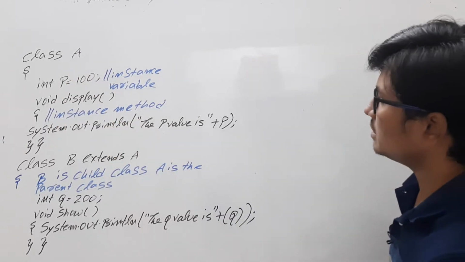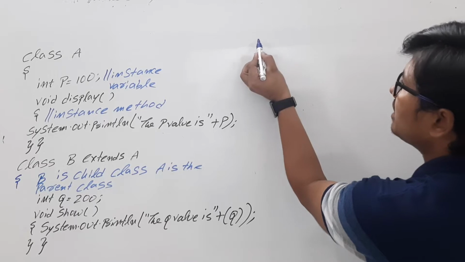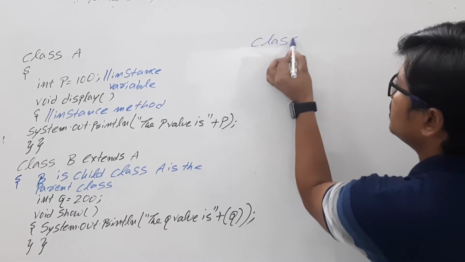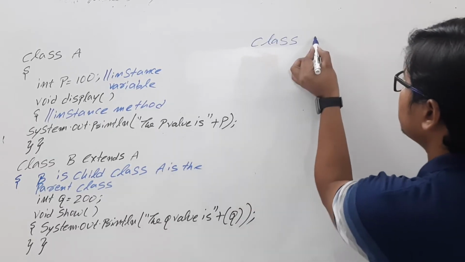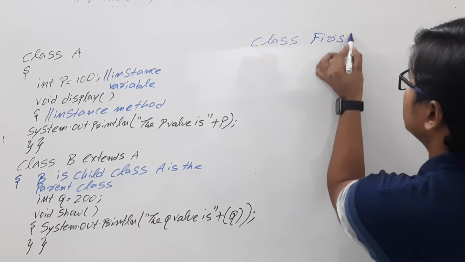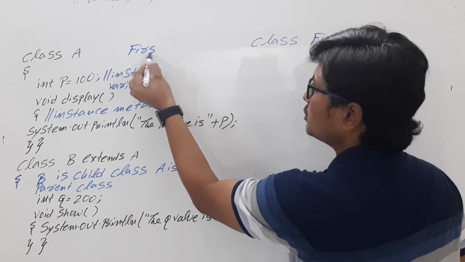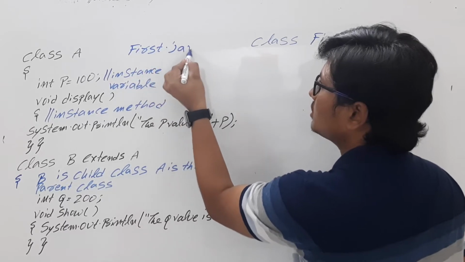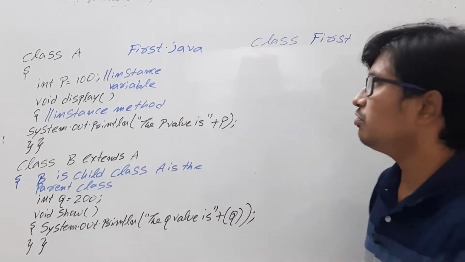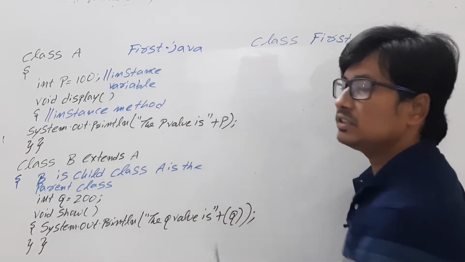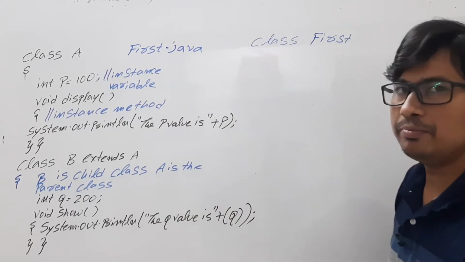So now what I will do, I will write the main class. I will write the main class name as first. Is it clear? So the meaning is that the main class, as you kept a name called first, your program name should be first with an extension called java, because this is a Java program.